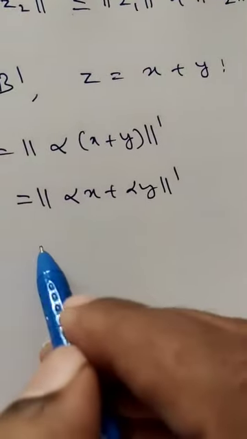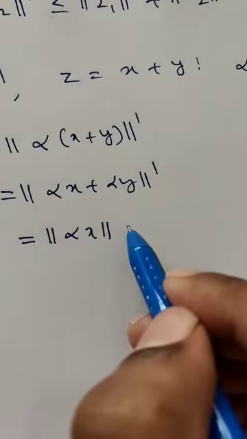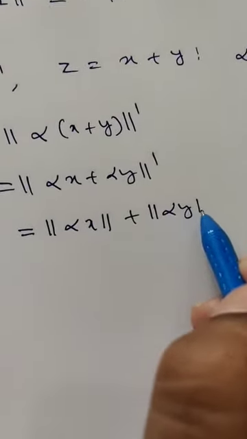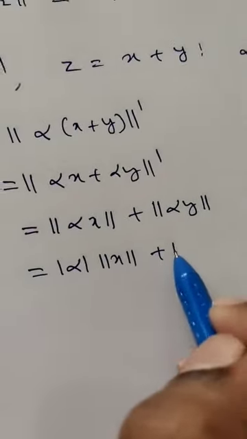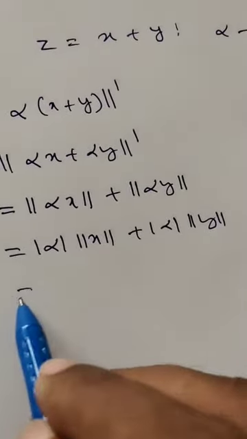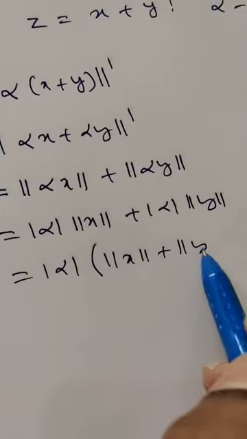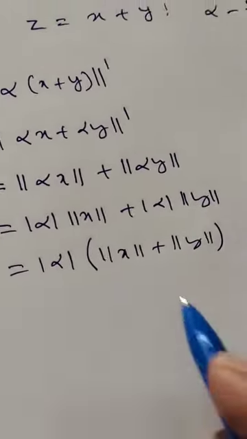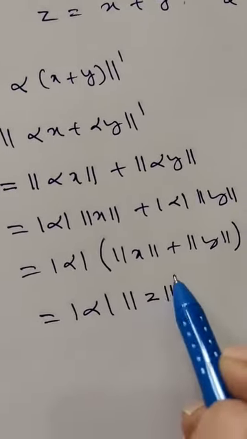Therefore use this property of the new norm. So this is the norm of alpha x plus the norm of alpha y. But this is again mod of alpha into the norm of x plus mod of alpha into the norm of y. So this is equal to mod of alpha into the norm of x plus the norm of y, which is mod of alpha into the norm of z, whole dash.